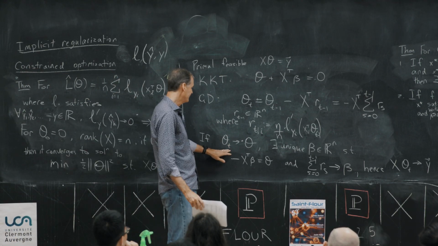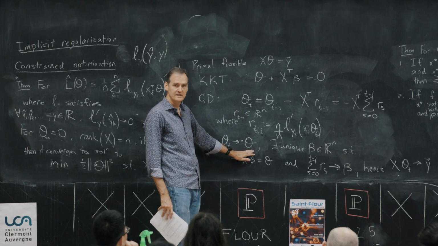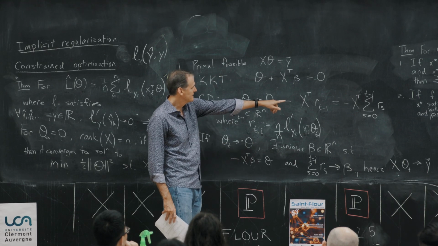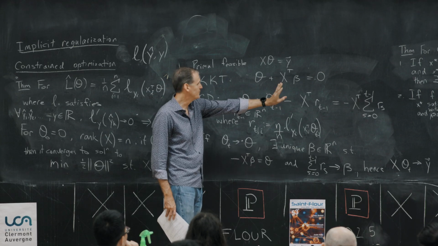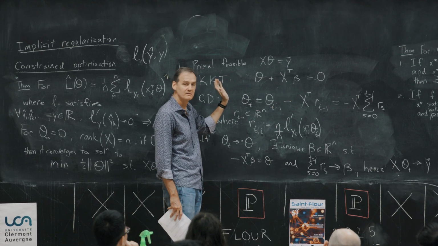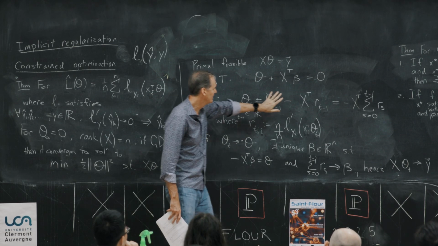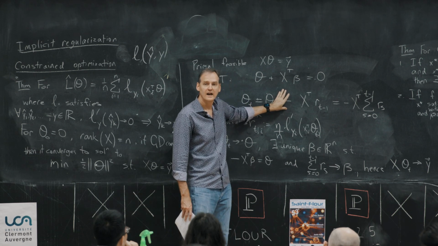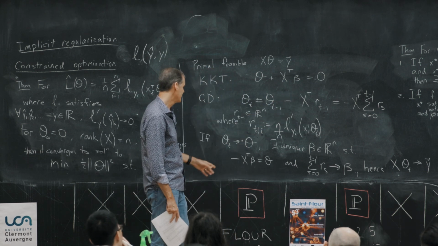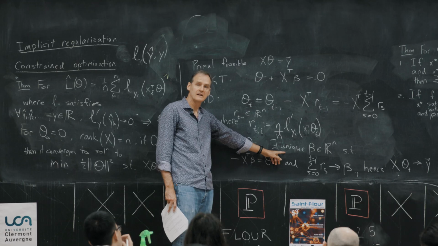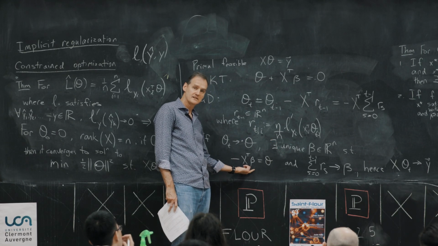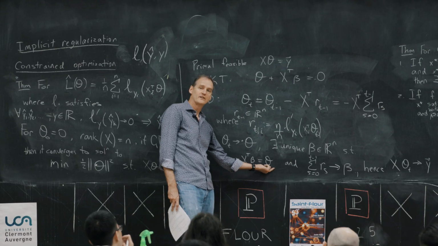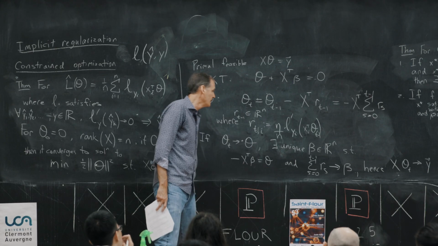So if gradient descent converges to this theta, since x is rank n, that linear map x transpose is a one-to-one map, and so there's a unique element of R^n that gives us this for whatever gradient descent converges to.